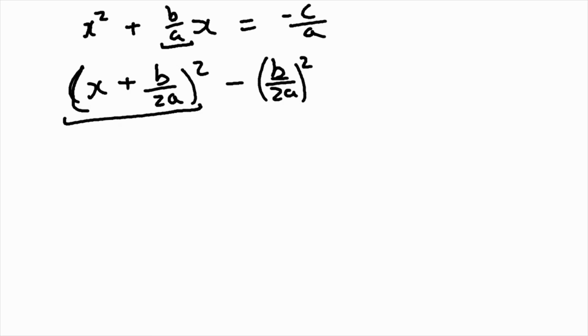So we're going to have to subtract it as well. Now, we're going to get rid of this minus b over 2a squared by adding it to both sides.